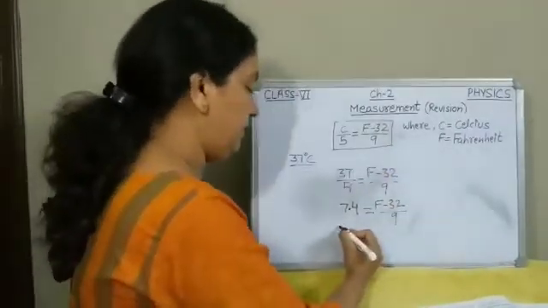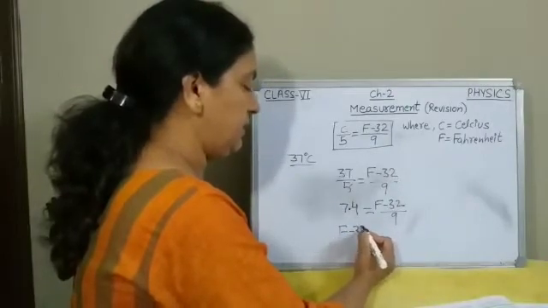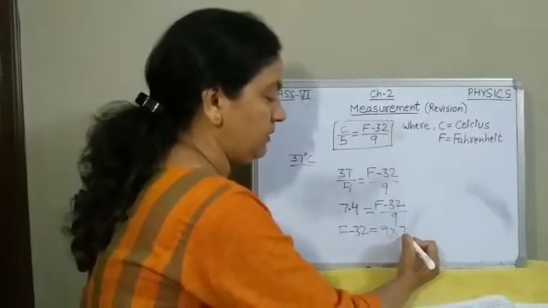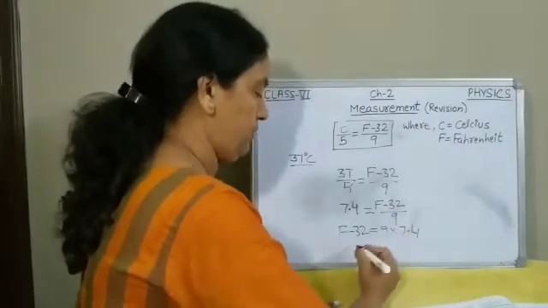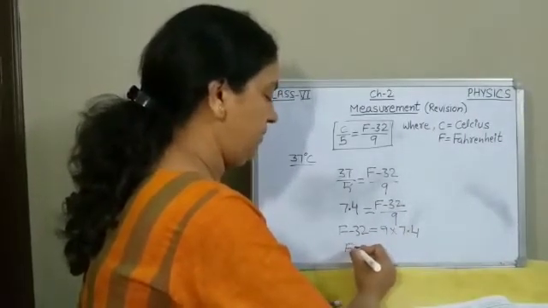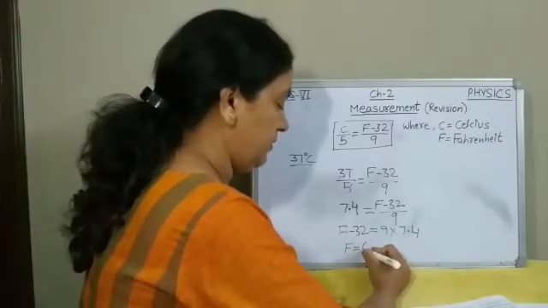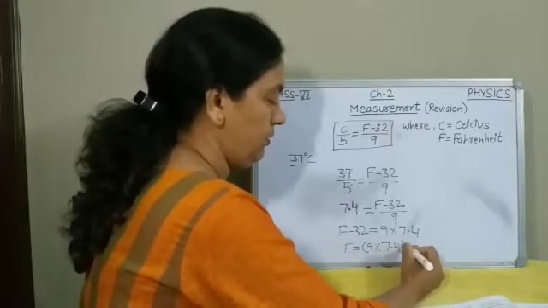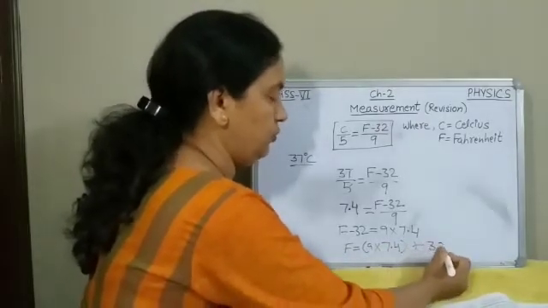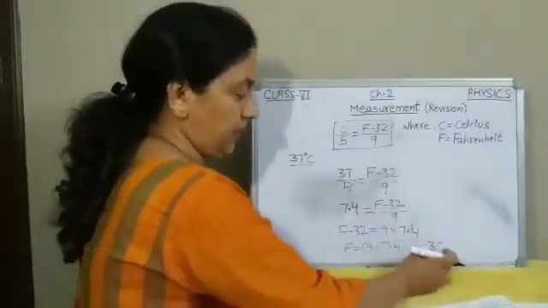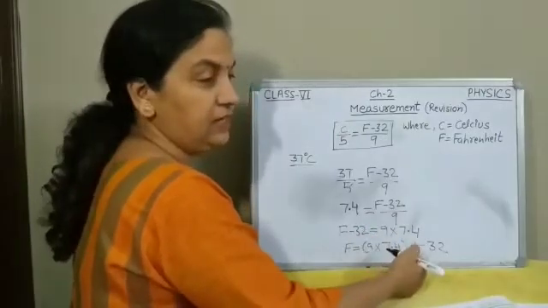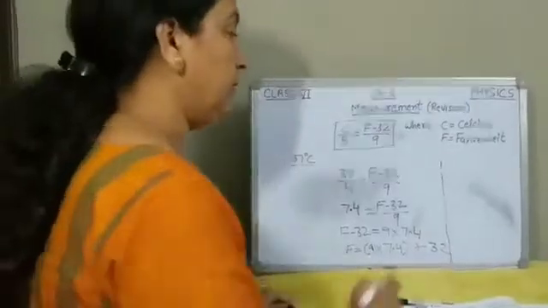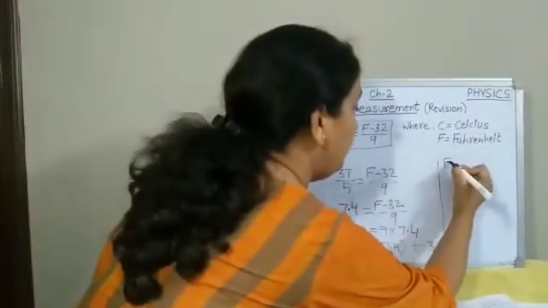Now F minus 32 is equal to 9 into 7.4. Then F is equal to 9 into 7.4 plus 32. When it moves across, the sign will change to plus.